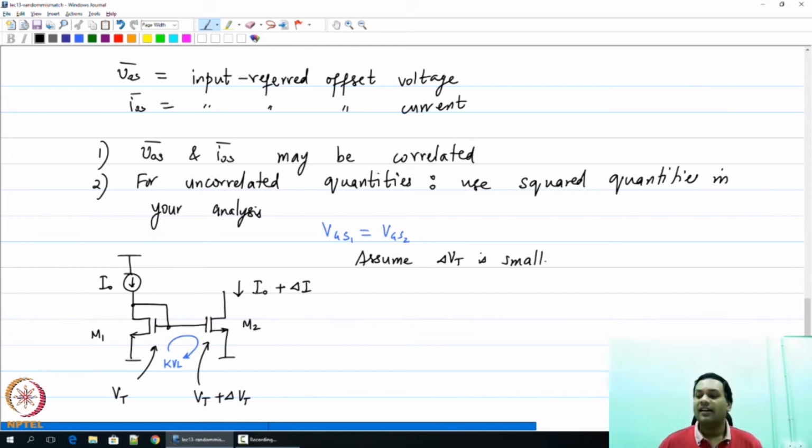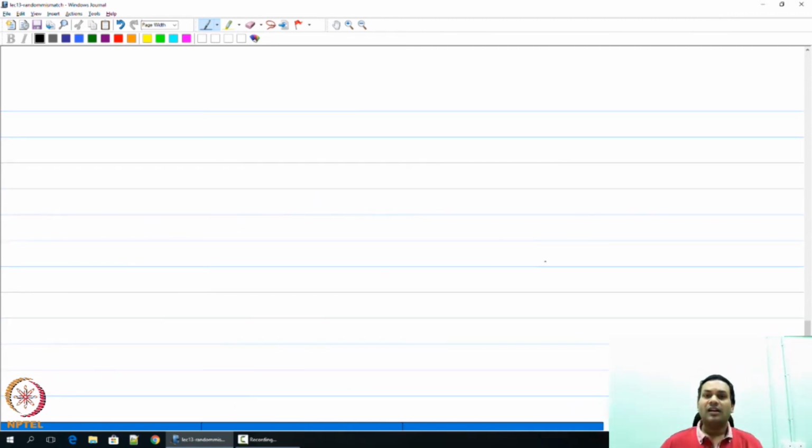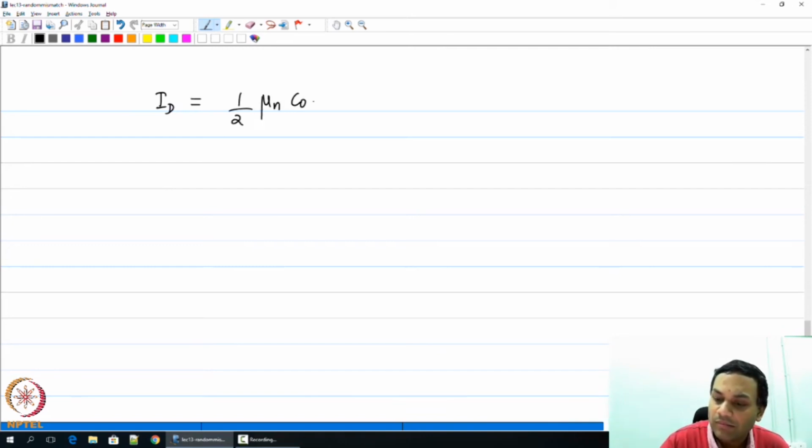That is the other assumption I am going to make. Once I do this, it should be pretty straightforward, because delta Vt is going to cause a change in delta I. So maybe if I write down the equations, it will be a little bit clearer before I write down the final quantity.